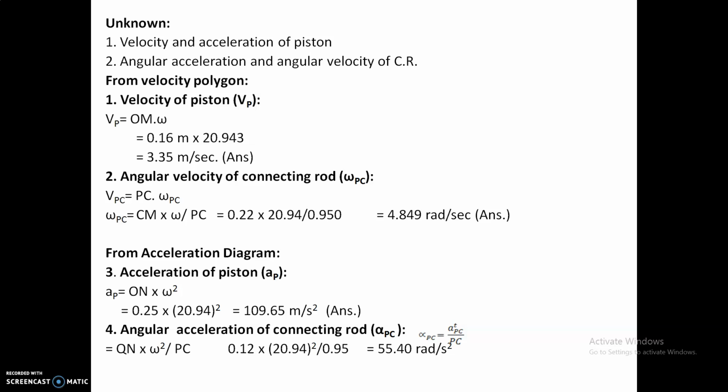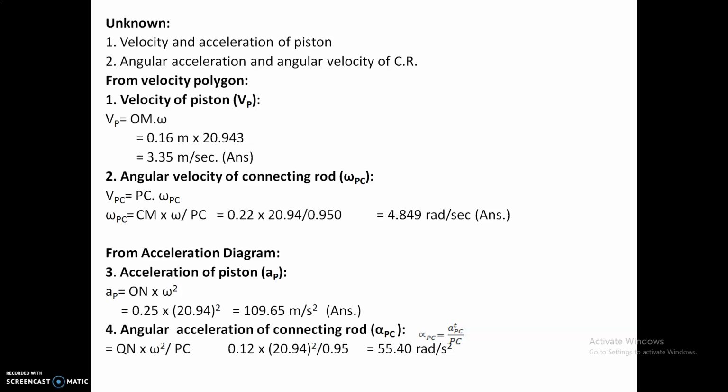So you keep that formula and divide by length PC, and you will get alpha of PC. You take the length of QN, multiply by scale, then multiply by omega square and divide by length of CP, which is given in the problem as 0.950 meter. So keeping all these values, the angular acceleration of PC is 55.40 rad per second square.